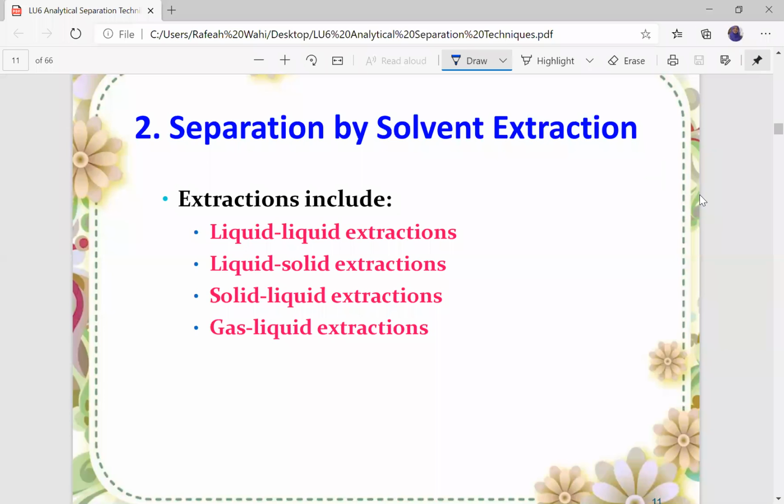Now let's take a look at separation by solvent extraction. Separation by solvent extraction involves chemicals, which is solvent. So there are 4 types of solvent extraction, including liquid-liquid extraction, liquid-solid extraction, solid-liquid extraction, and gas-liquid extraction.